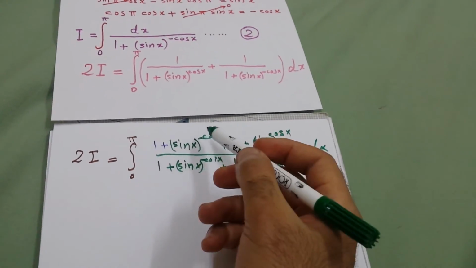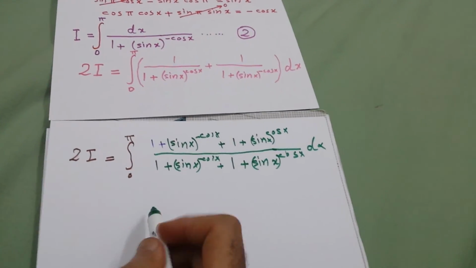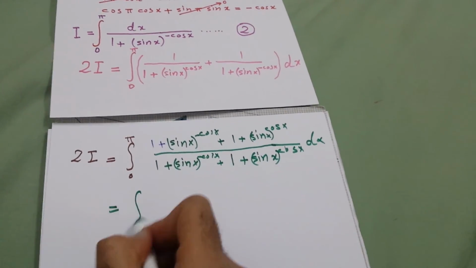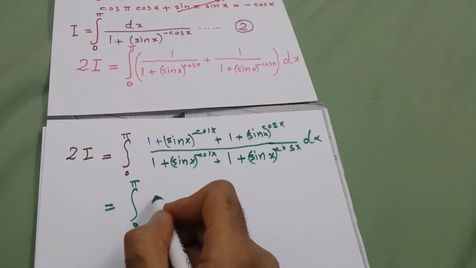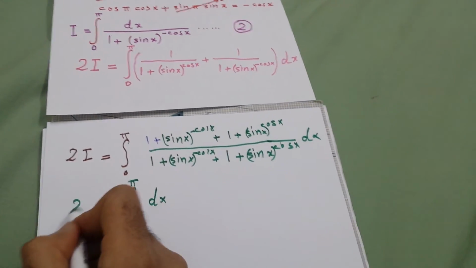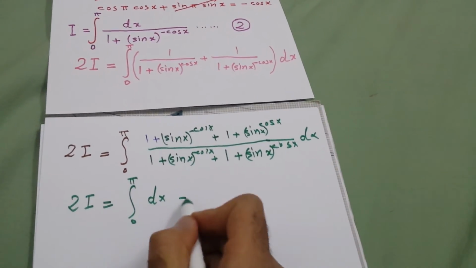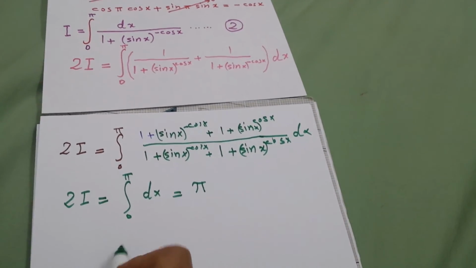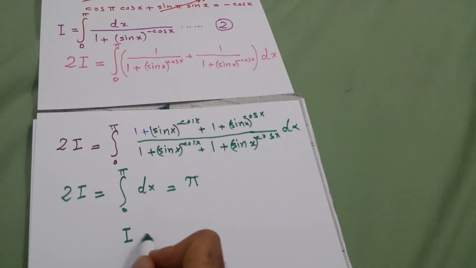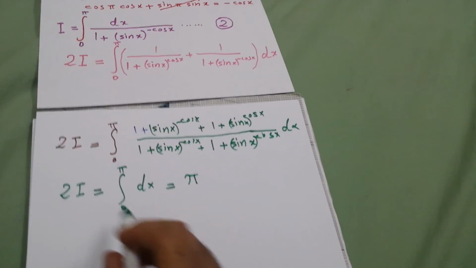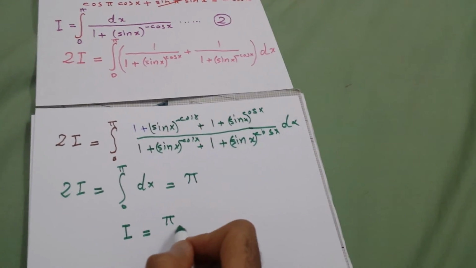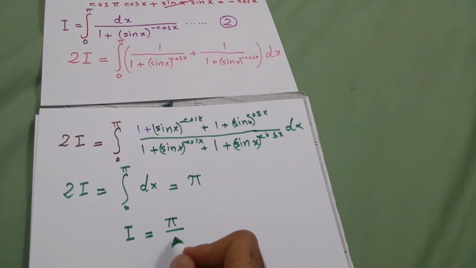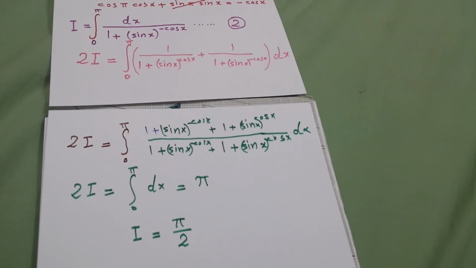We see the numerator and denominator are same, so it is just 1 from 0 to pi, 1 times dx, this gives pi. But we need I, so we will divide by 2, so the integral is equal to pi over 2. And thank you.